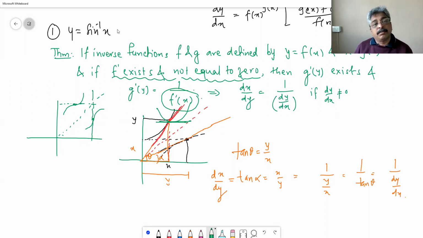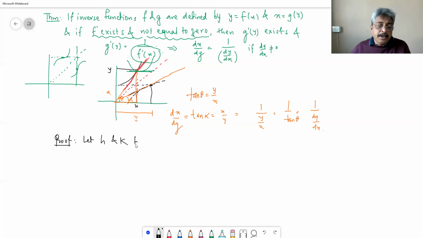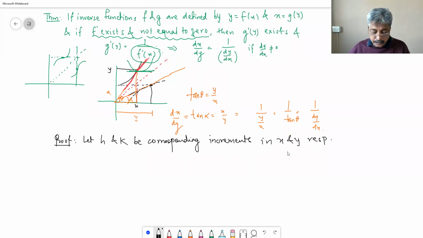Take your time. Let h and k be corresponding increments in x and y respectively. So y plus k is going to be equal to f of x plus h, and x plus h is going to be equal to g of y plus k.